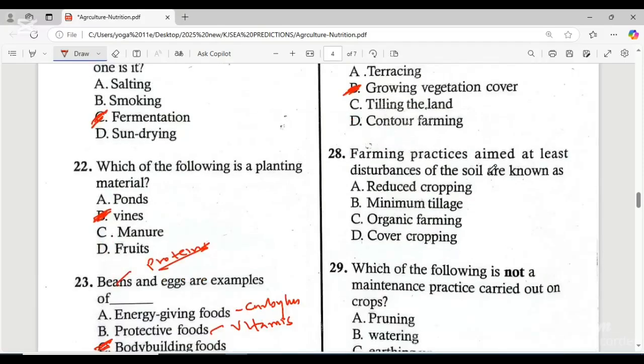Farming practices aimed at least disturbances of the soil are known as minimum tillage. Minimum tillage is the practice aimed at giving least disturbances to the soil.